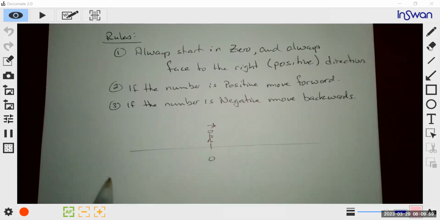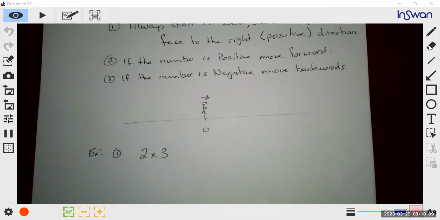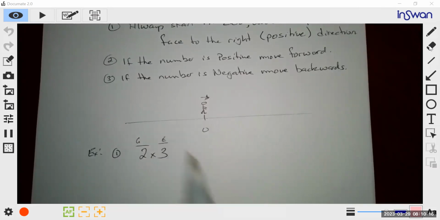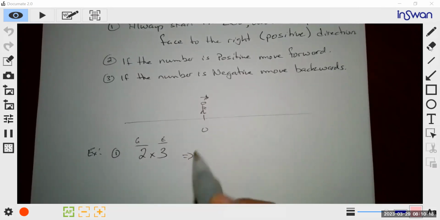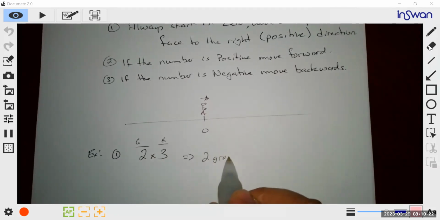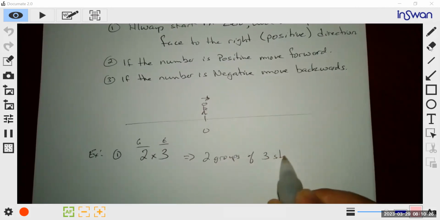So let's see here. We have an example with a person. Let's say we had 2 times 3, or 3 times 2, doesn't matter. Remember, this is number of groups, this is number of elements. We have 2 groups of 3 steps.